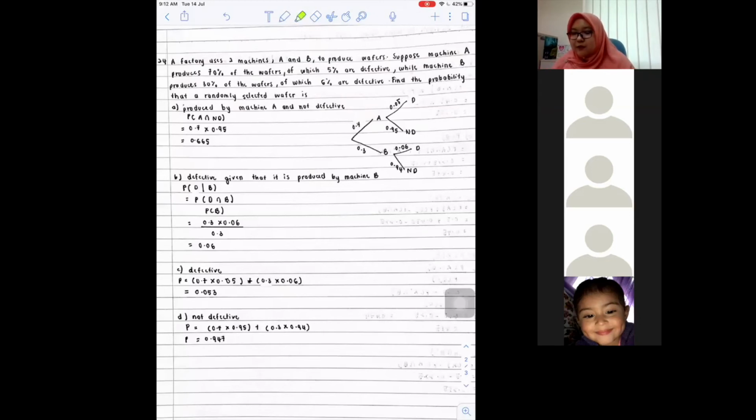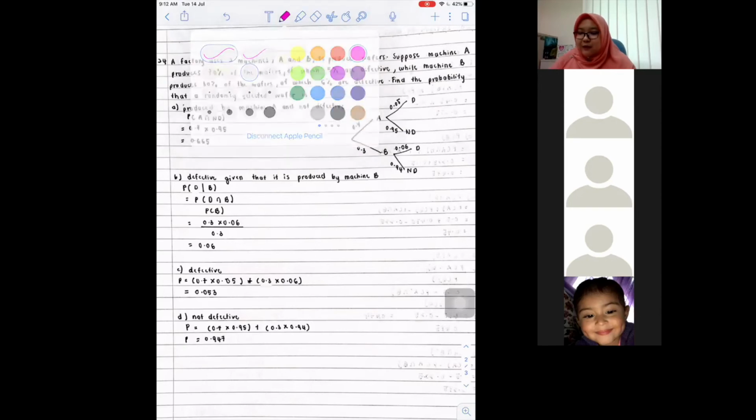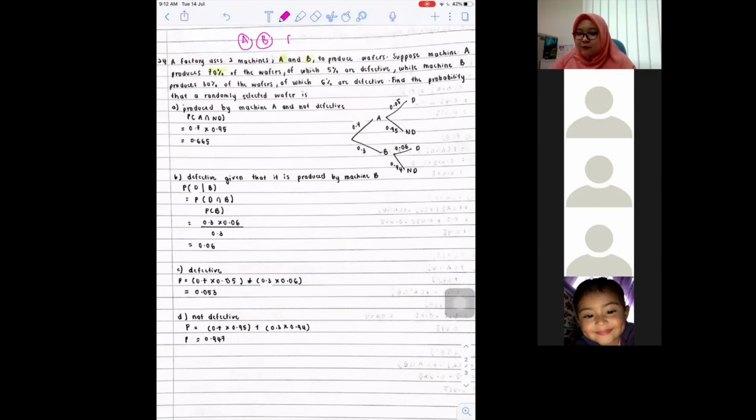Next one: a factory uses 2 machines, A and B, producing wafers. Suppose machine A produces 70% of wafers. So from the question, P(A) is 0.7. Let's read further. 5% are defective.